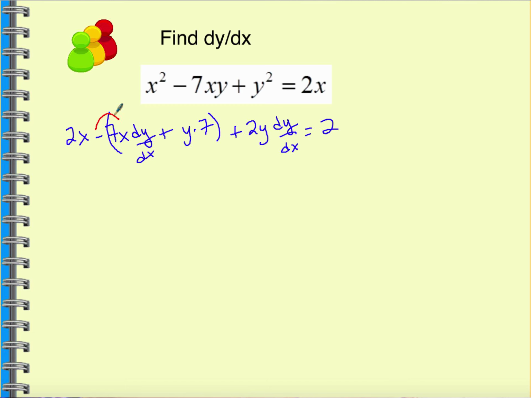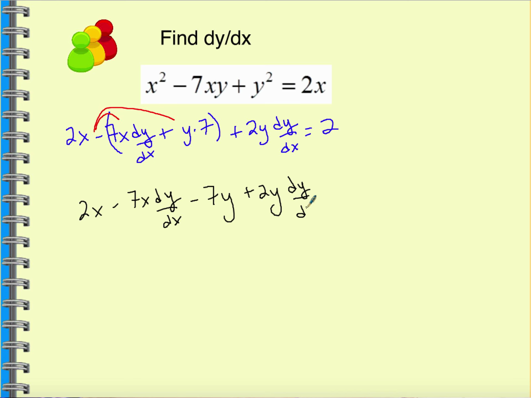You may have treated that as a negative 7xy, and so you already had the negative in here. That's cool. So I got 2x minus 7x dy dx minus 7y plus 2y dy dx is equal to 2.